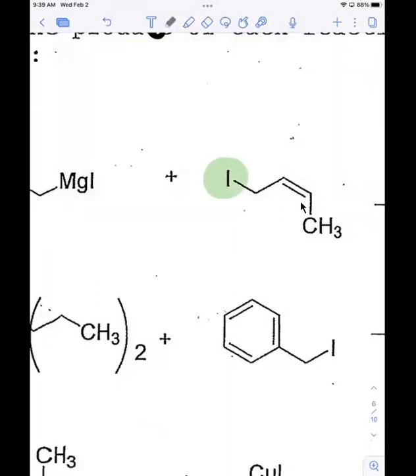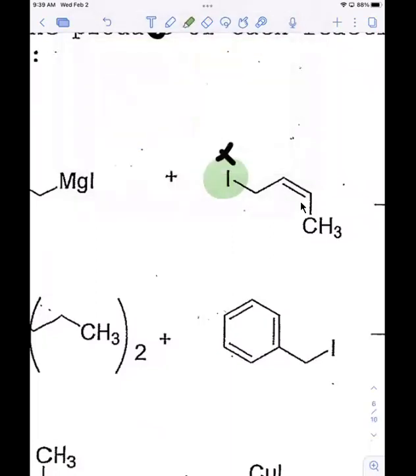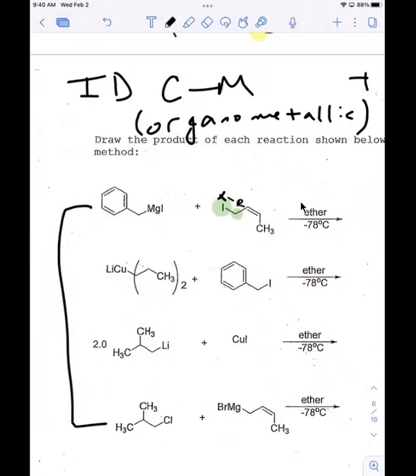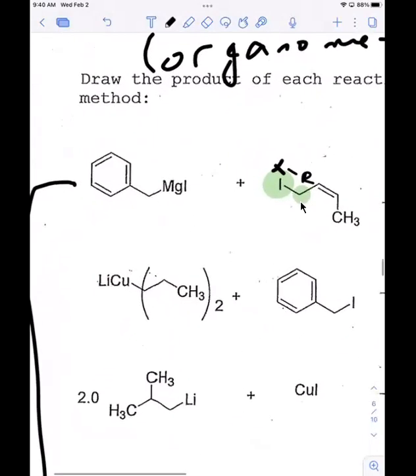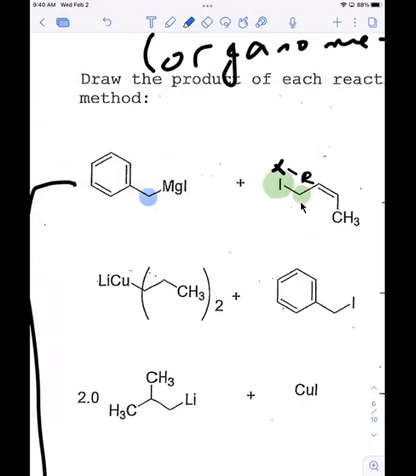So this is X, and then this right here is R. So that's my RX piece right there. Once I identify that, by default, the other reactant has to be CM. So this is carbon, that's the magnesium metal. So this is CM.